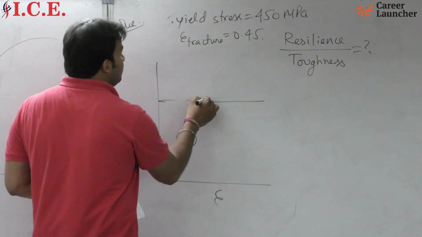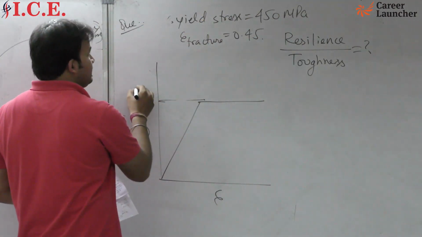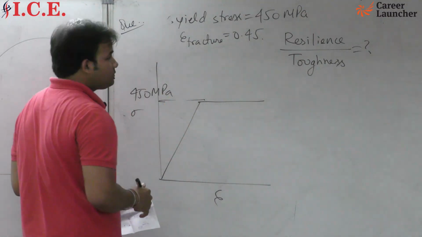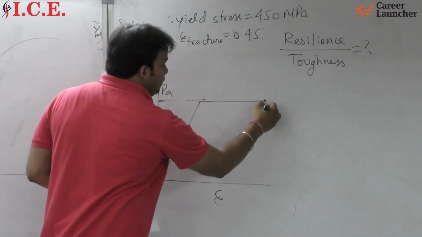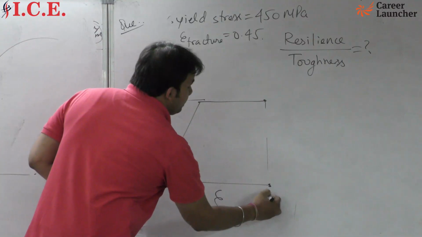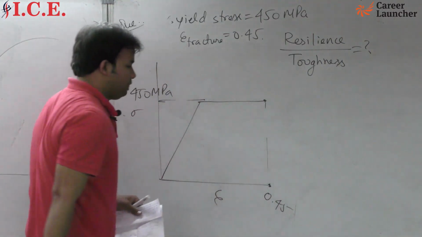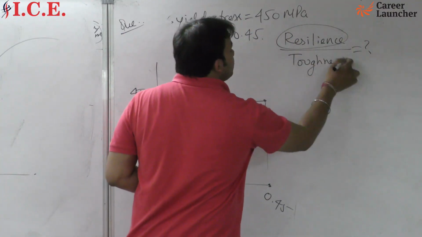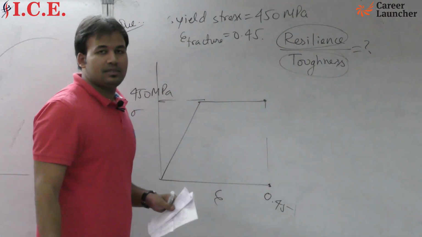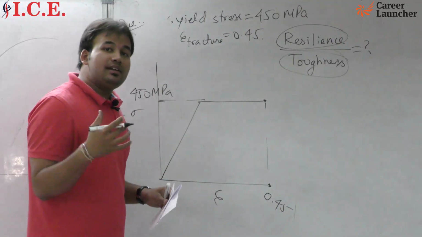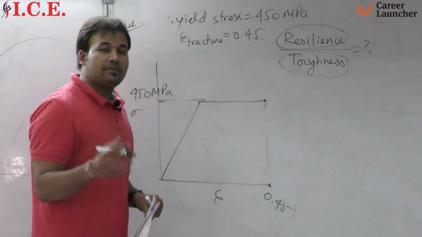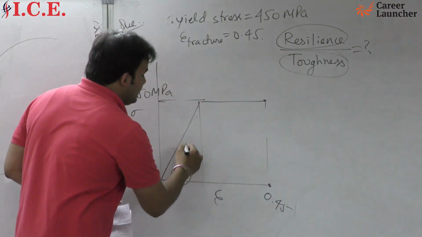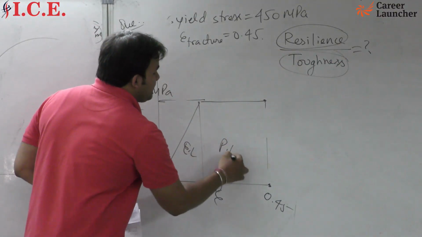This will be your yield stress, which is given as 450 megapascal, and this will be your fracture point, where the strain is given as 0.45. But here it asks for resilience to the toughness. Resilience means the energy absorbed by the object within the elastic limit. This will be your elastic limit and this will be your plastic limit.